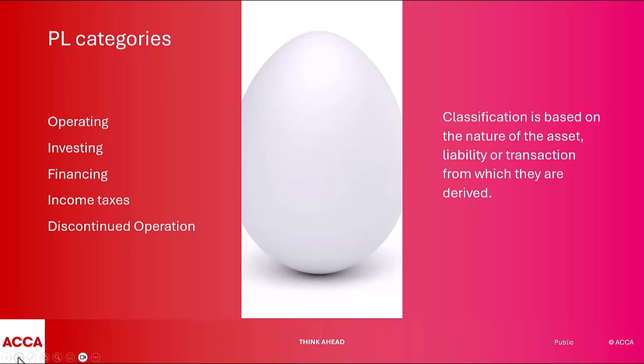Now, the classification of income and expenses between those 5 headings is done on the nature of the asset or liability from which it's derived. So take depreciation.